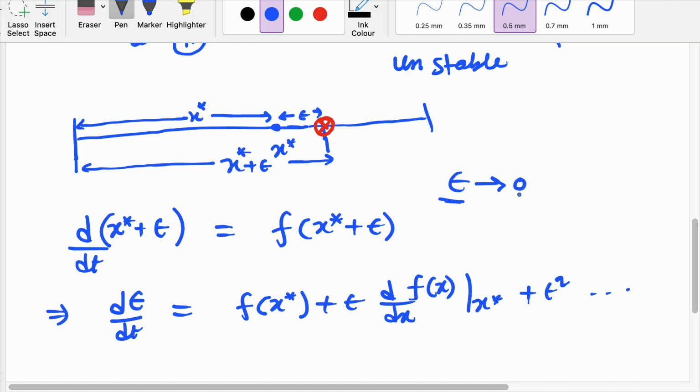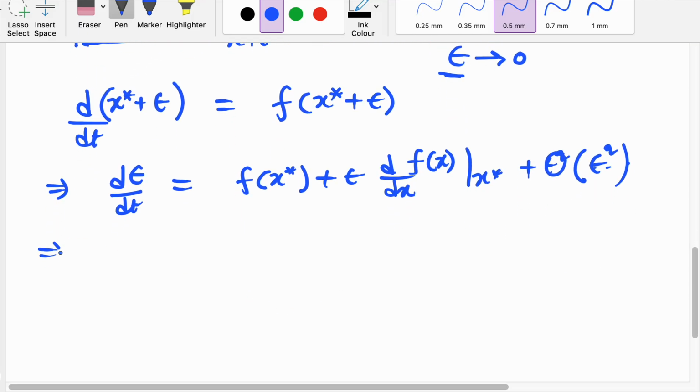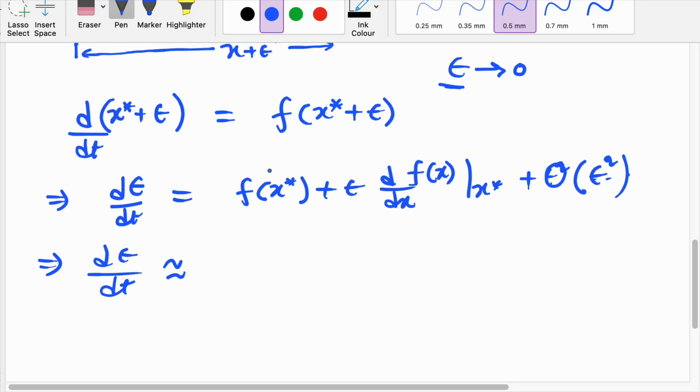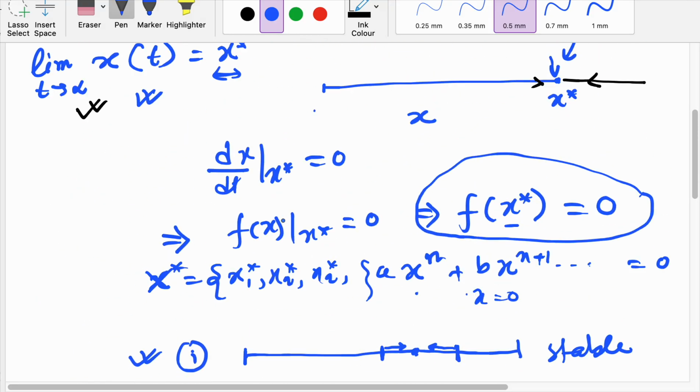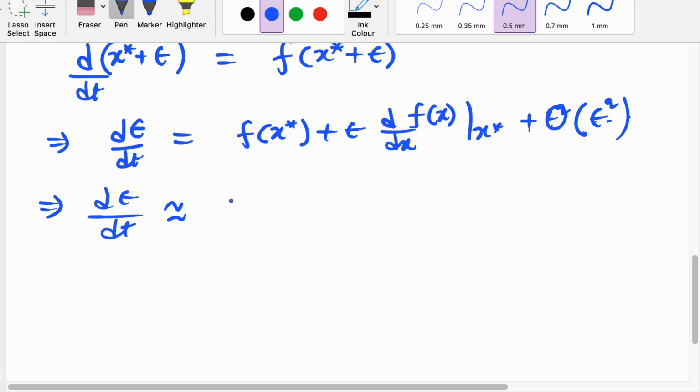Since epsilon tends to 0, I can neglect all the higher order terms, the epsilon square terms. Now this equation is d epsilon dt, and we know at the fixed point the velocity is 0, that means f of x star is 0. So this equation is epsilon times d dx of f of x at x star.